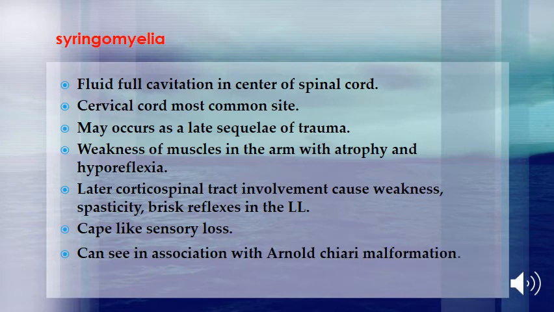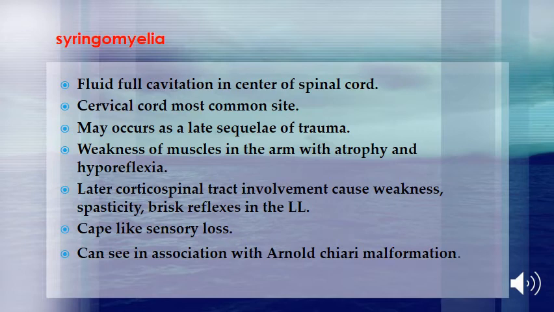Syringomyelia is a cavity in the center of the spinal cord, the cervical cord being the most common site, and it may occur as a late sequela of trauma. Clinical signs of syringomyelia: it causes weakness of the muscles in the arm and atrophy with hyporeflexia.